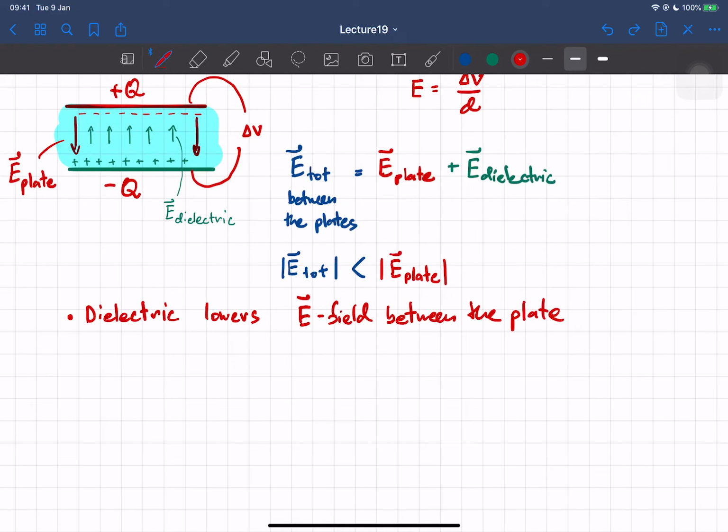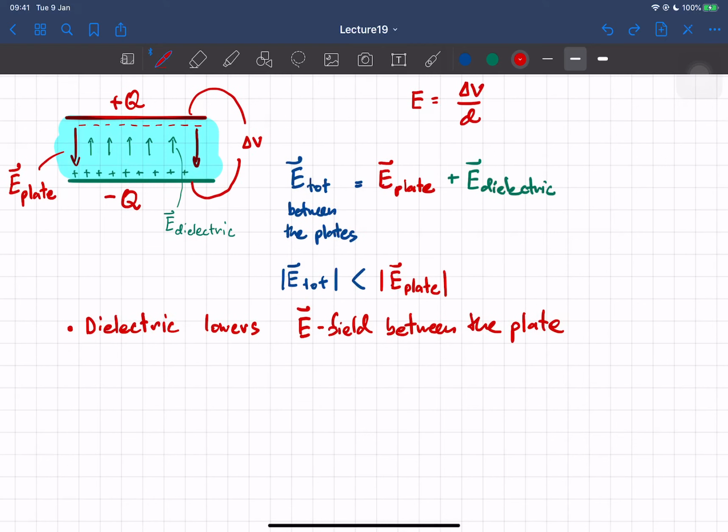Once the electric field is lower, that means delta V between the plate is also lower. Why?